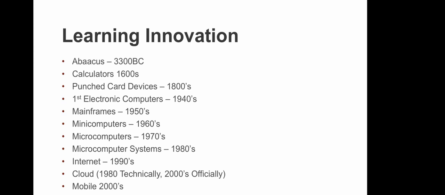But learning innovation led us to some of the most amazing capabilities. As you look forward, the internet was to help communicate between schools. Cloud computing is actually known as grid computing. Technically, that's what it was called. Mobile capabilities were created by Xerox PARC. People think it was by BlackBerry and Apple.